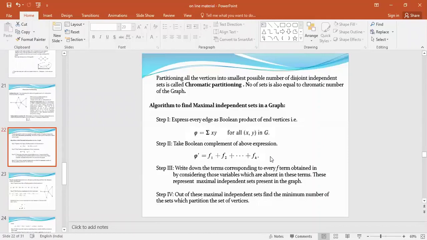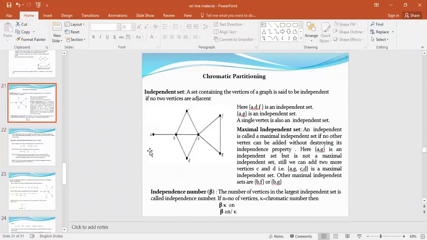So what is the algorithm for finding the maximal independent set? There are four steps. Step number one is to express every edge as a Boolean product of the two end vertices. Suppose in this graph, how many edges are there? 1, 2, 3, 4, 5, 6, 7, 8, and 9.